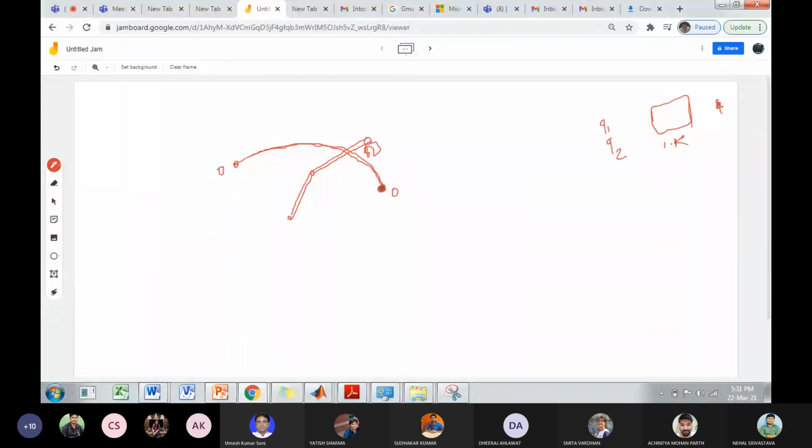So based on a certain trajectory, you have certain variations of theta 1 and theta 2. This is theta 1 and this is theta 2, suppose. So there are certain variations of theta 1 and theta 2.